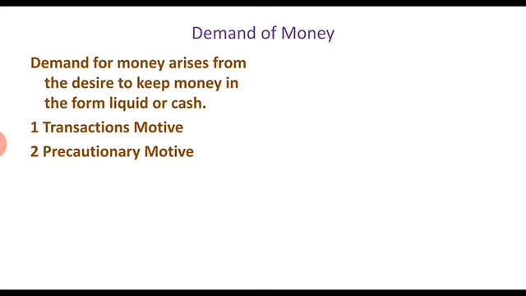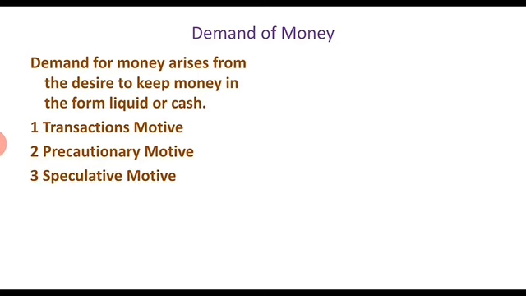The ability and level of income positively influence the precautionary motive for liquidity preference. The higher the income, the higher the precautionary motive for demand for money.